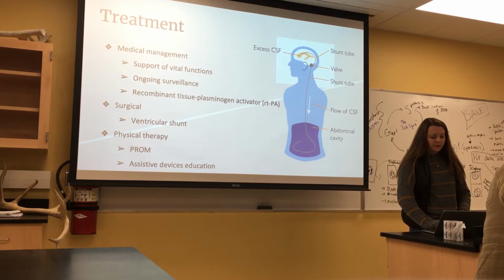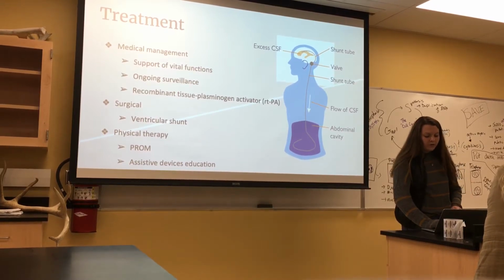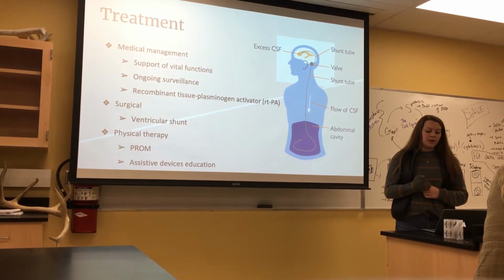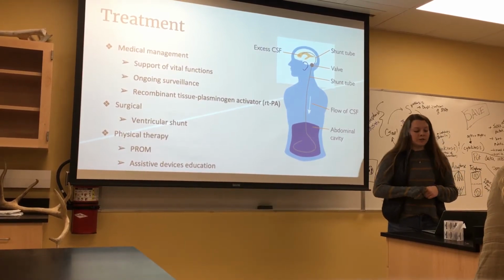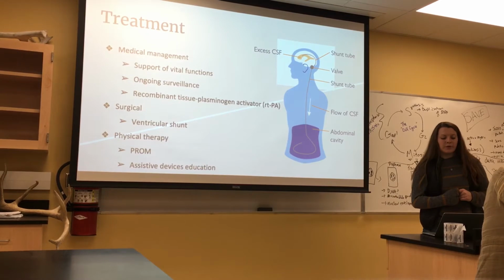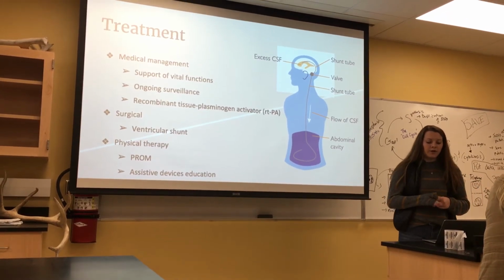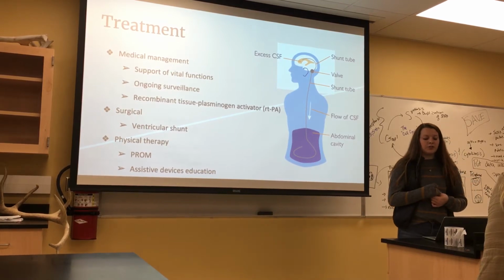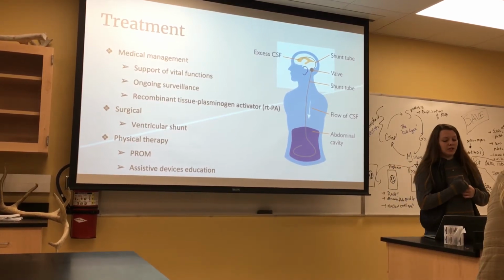And then for treatment. The treatment for a stroke needs to be initiated rapidly within 6 hours of the onset of symptoms in order to preserve as much brain tissue as possible. Medical management for patients with stroke typically includes support of vital functions and ongoing surveillance to identify early neurological changes as the patient's condition evolves.